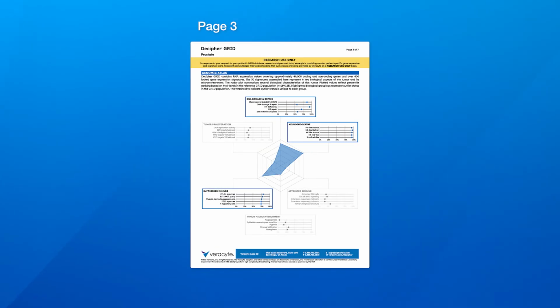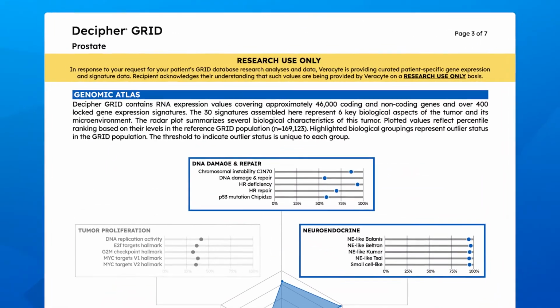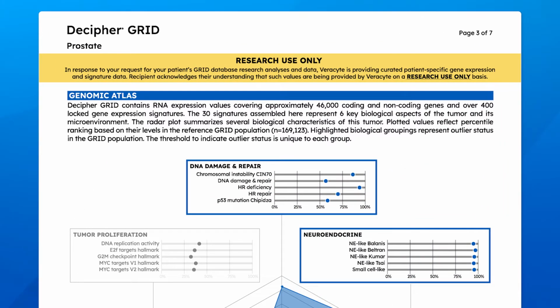On page 3 of the GRID report, you'll find the Genomic Atlas. Now, the Decipher GRID looks at multiple genomic signatures across many different biological pathways. But in general, for prostate cancer, the hallmarks of these genomic pathways fall into 6 different categories.